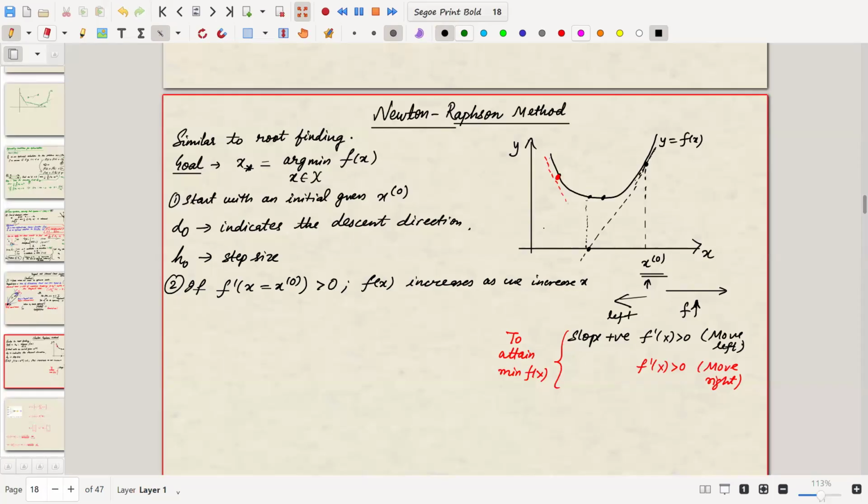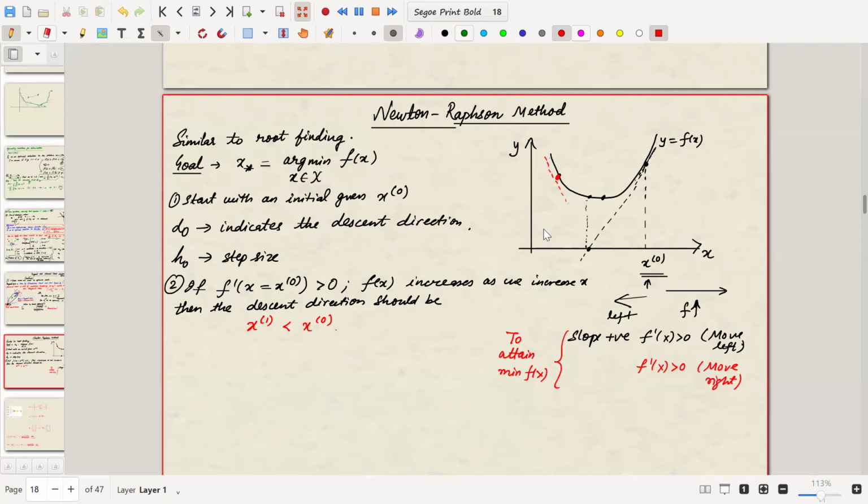So then the descent direction should be left, which means it should be less than x0. So the new point, that is x1, the new iteration, should be less than x0. Left of x0.